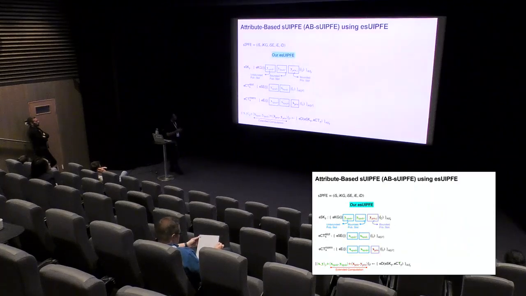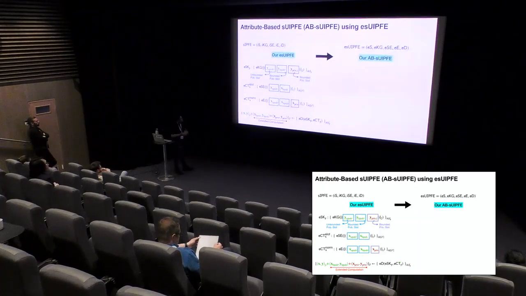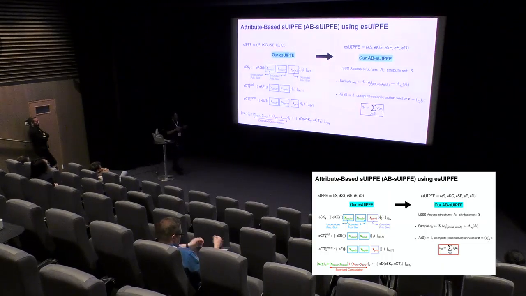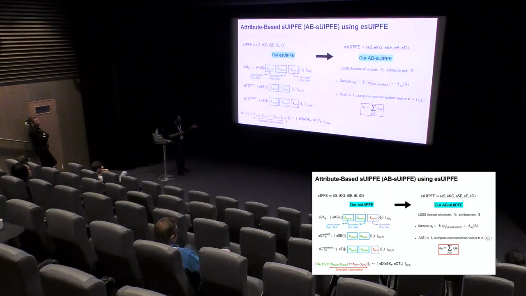Now we use this extended slotted unbounded IPFE as a building block to construct our attribute-based slotted unbounded IPFEs. Before going to the construction, let's first recall the access structure LSSS, where we first sample a0 randomly, and depending on the access structure, all the shares can be generated. If the access structure is satisfied by the attribute set, then the reconstruction is possible, and we have these inclusions.